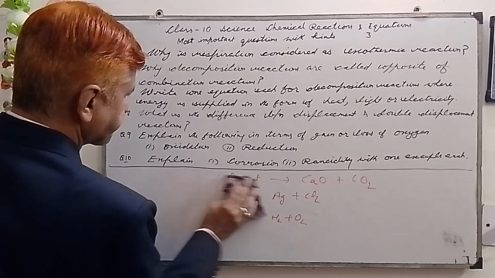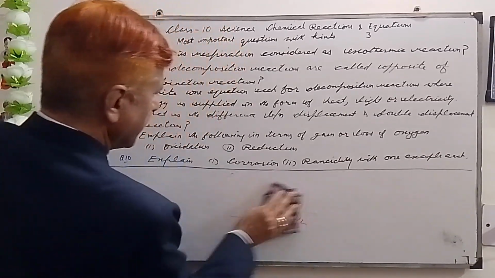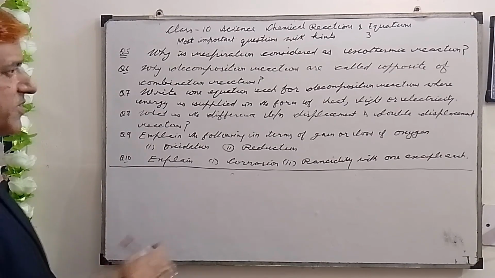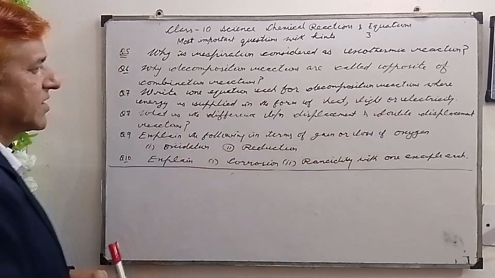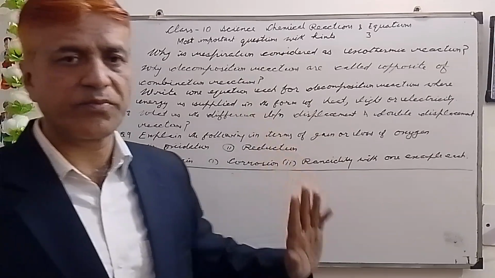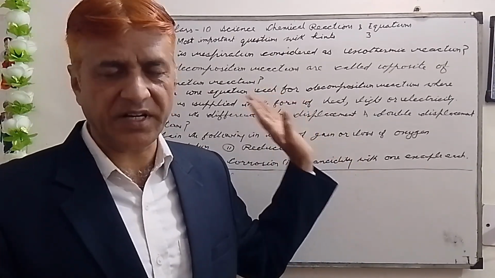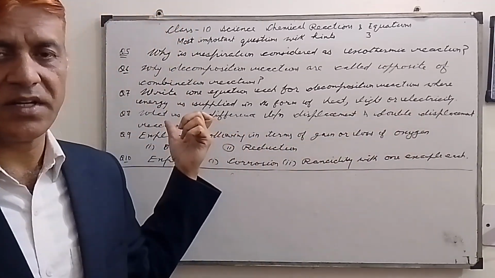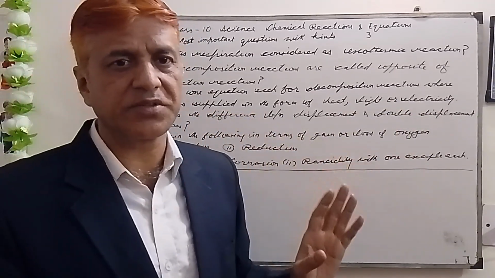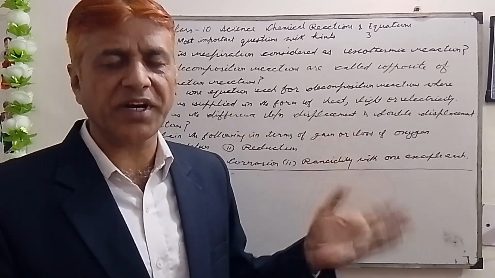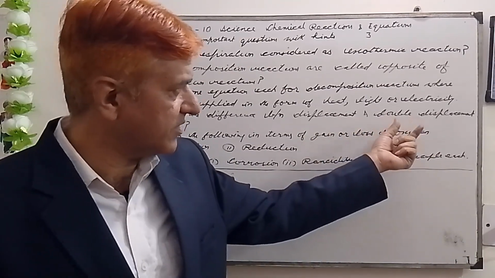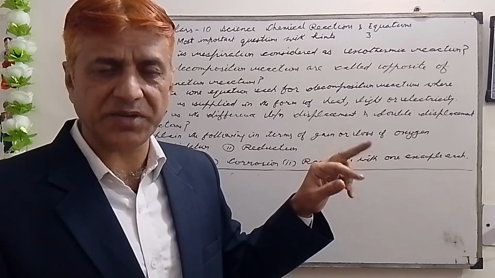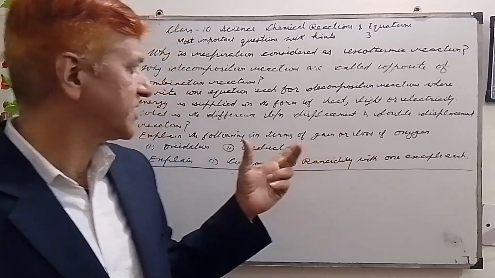Then question number 8: what is the difference between displacement and double displacement reactions? In displacement reactions, a more reactive element, a metal, displaces a less reactive one, and in double displacement we don't see which metal is more reactive or less reactive, but there is an exchange of positively charged ions.